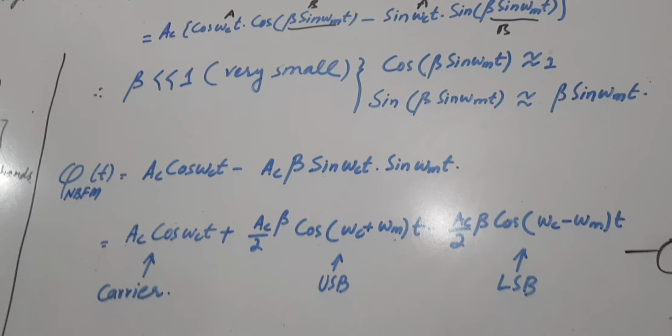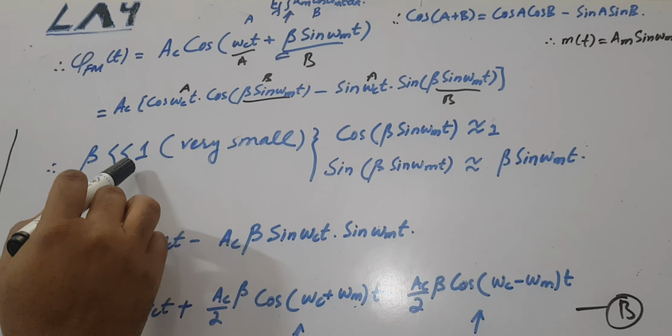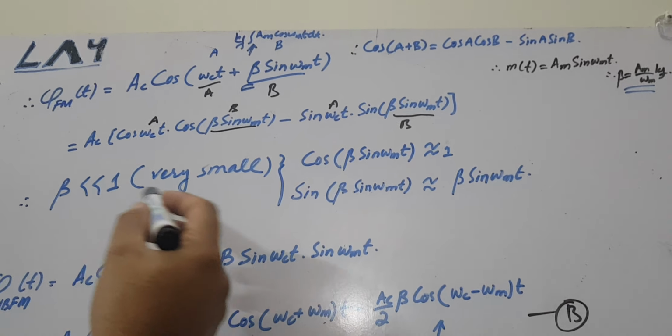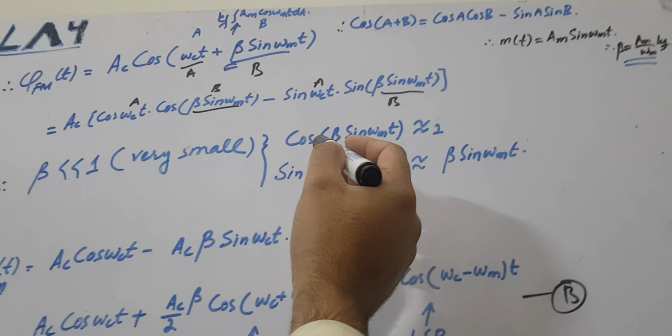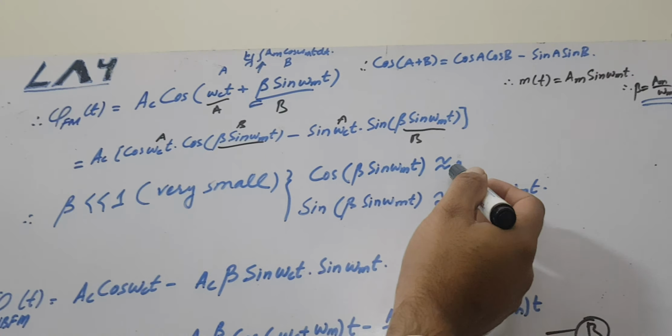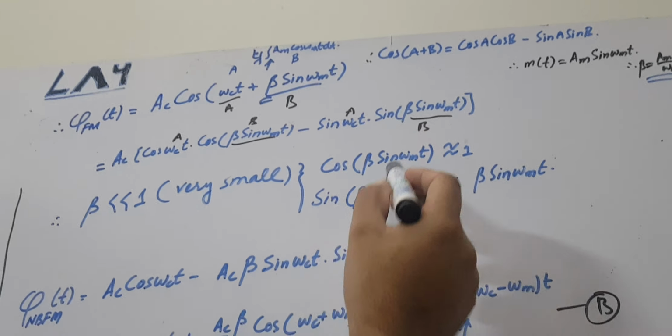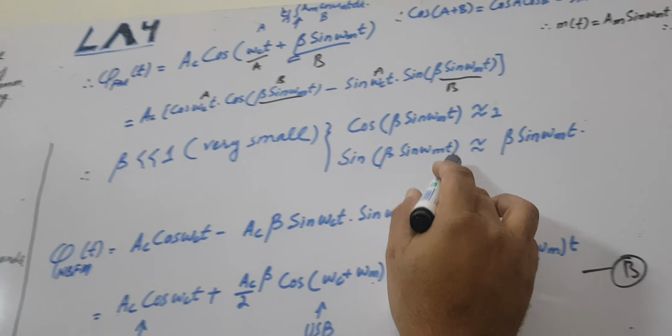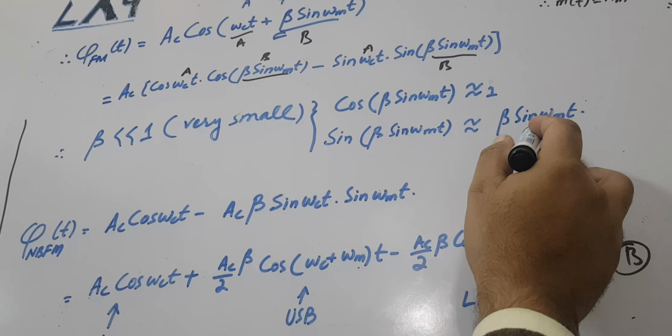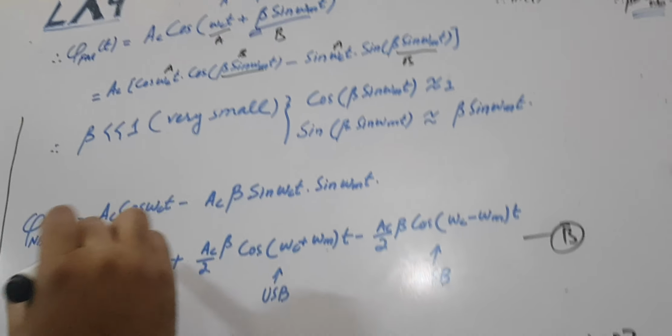And the limiting case is that beta is much less than 1, very small. If beta is very small, then we can write cos(beta sin omega mt) approximately equal to 1 in this equation, and sin(beta sin omega mt) approximately equal to beta sin omega mt in this equation.